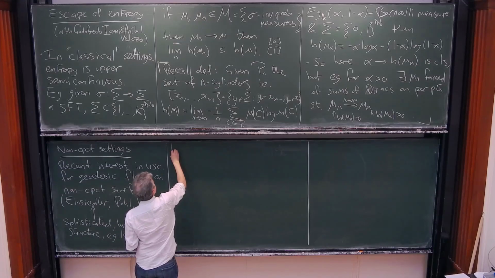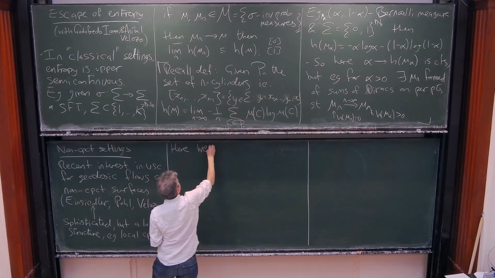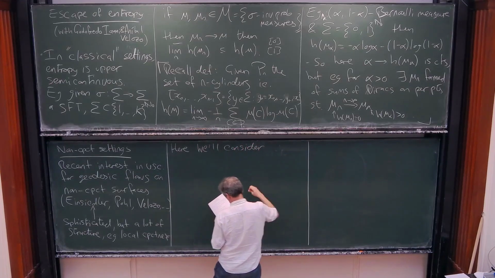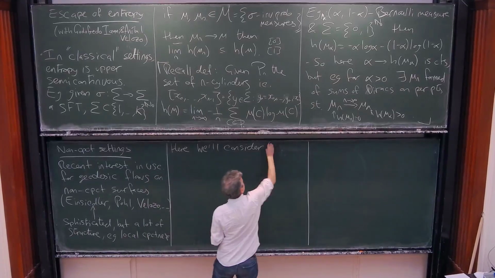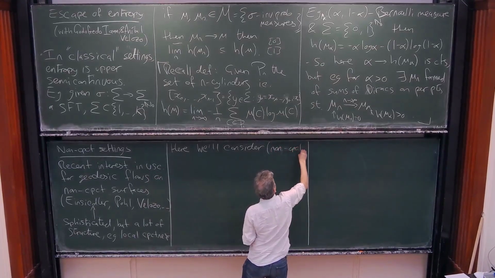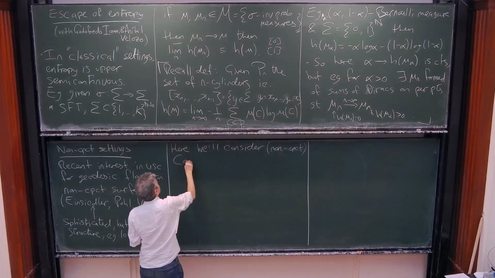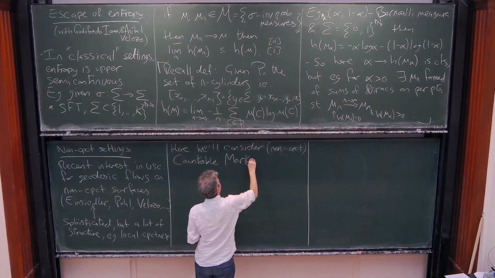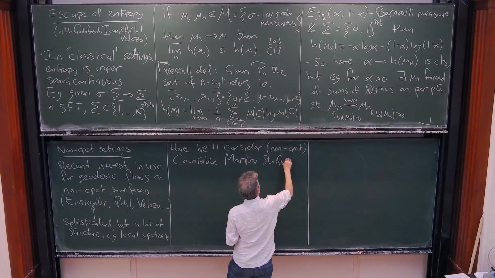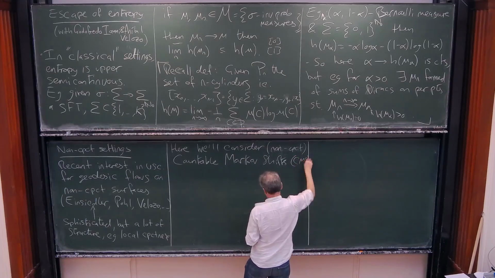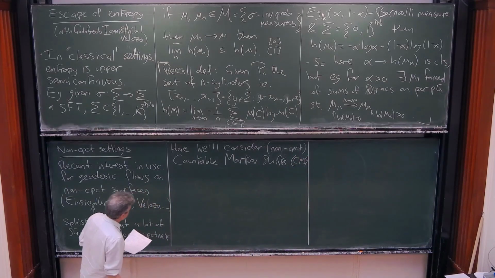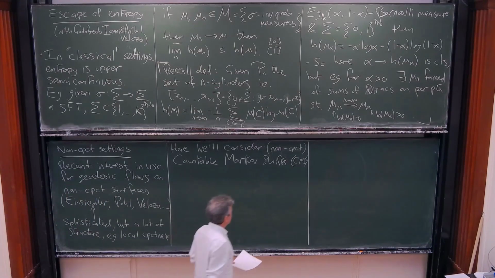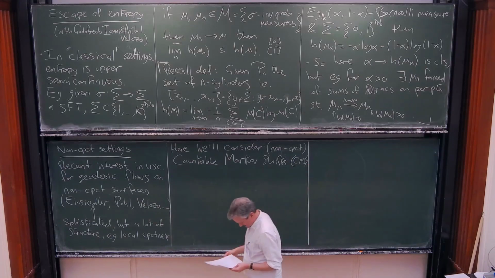So here we'll consider non-compact countable Markov shifts. So I'm going to call that CMS. So these have less structure, but I mean shifts are quite nice to deal with. So we're simplifying in some ways, and simplifying quite a lot of ways.